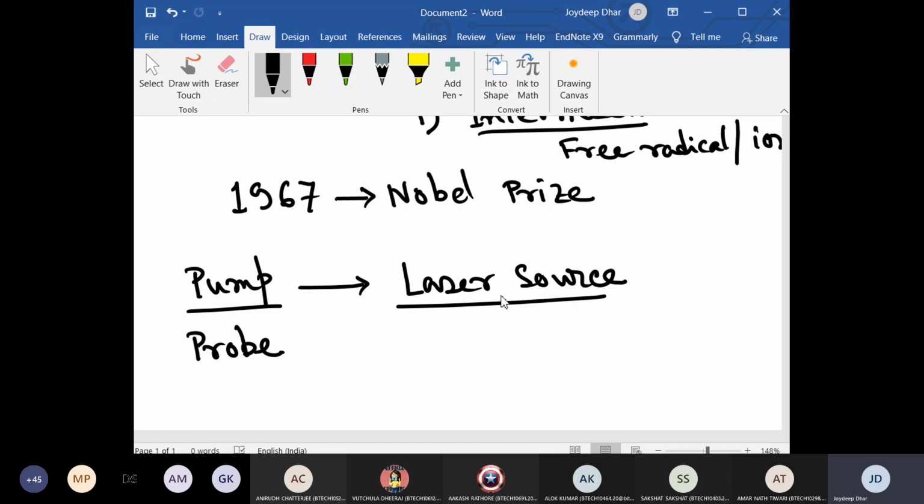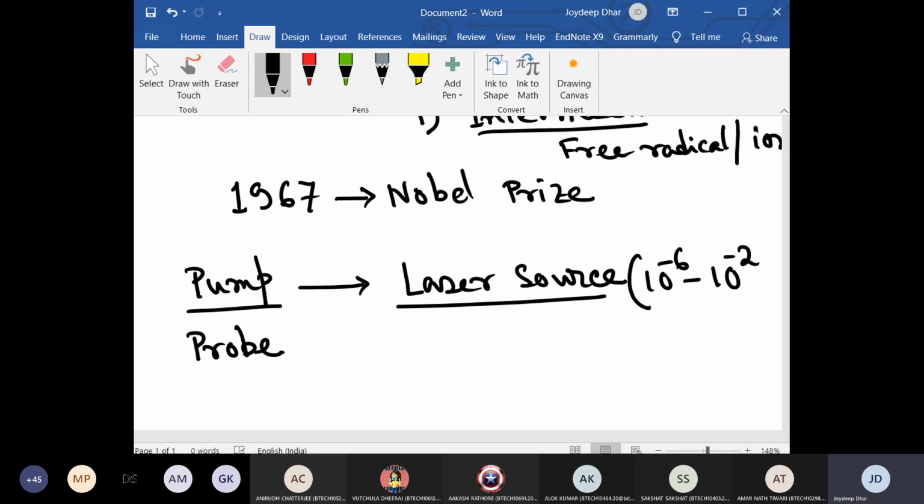From there we will have a burst of photons through the laser. This laser is very high energy radiation with a very short lifetime. That lifetime can be varied from microsecond to picosecond.